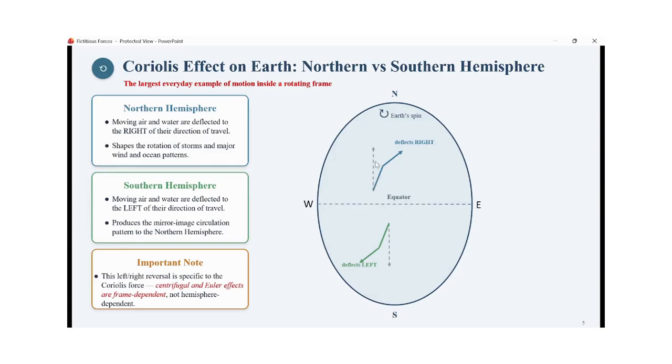So the actual motion direction is along this direction, then it will be deflected right in the northern hemisphere, and in the southern hemisphere, when the direction of motion is along this, then it will be deflected to the left.